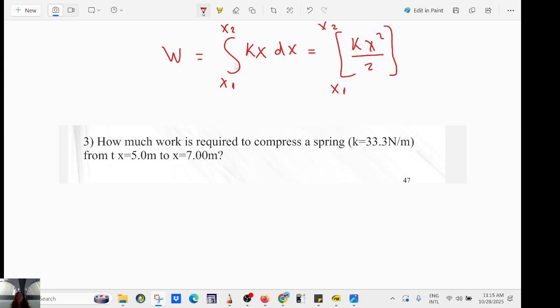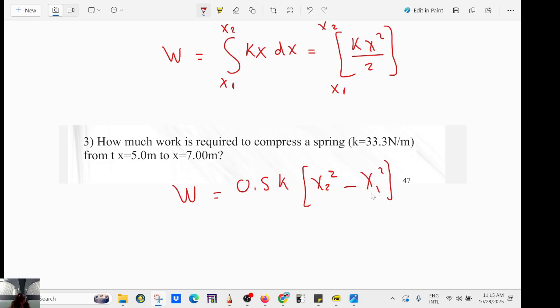Don't forget that actually it's an integral. So the work done by you on the spring going from x sub 1 to x sub 2, you have to be careful because then you have to say that's going to be 0.5 k times x2 squared minus x1 squared.